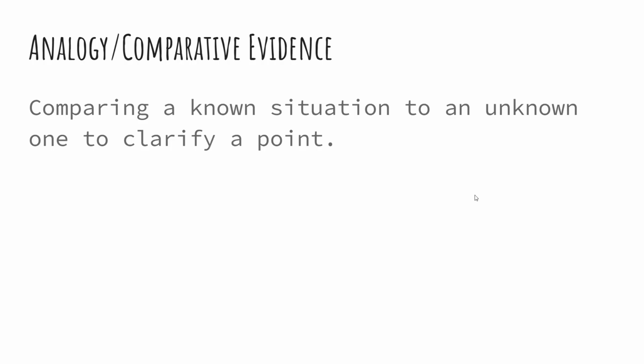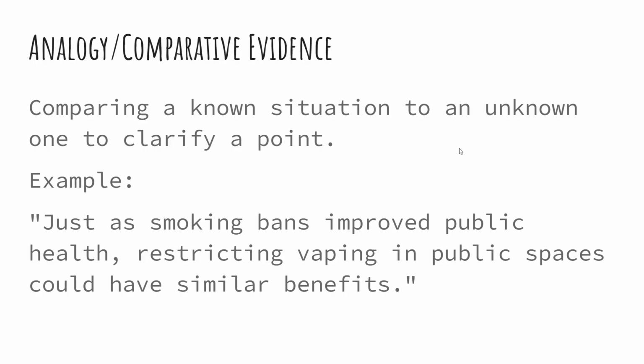So we're comparing a known situation to an unknown one to clarify a point. "Just as smoking bans improved public health, restricting vaping in public spaces could have similar benefits." So smoking bans is something that readers are familiar with. So this is probably what the author here is arguing for, restricting vaping in public spaces.